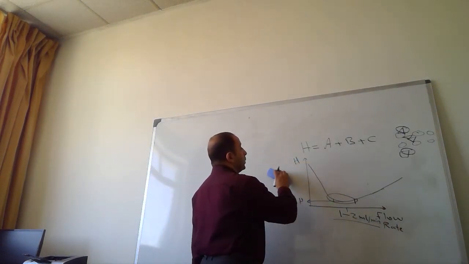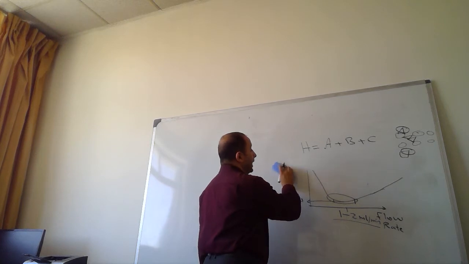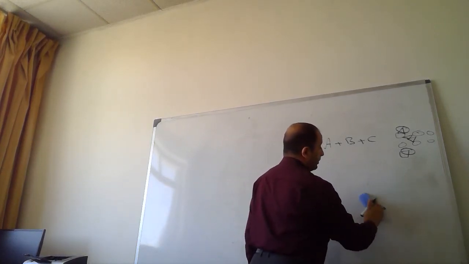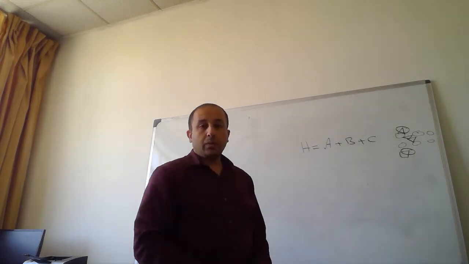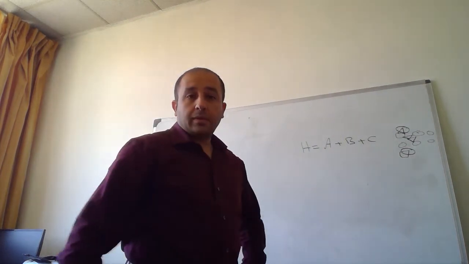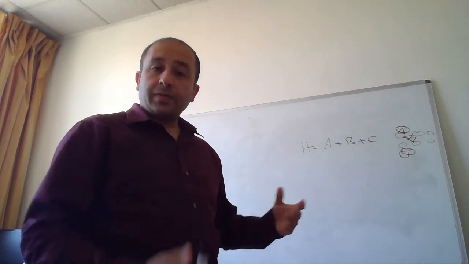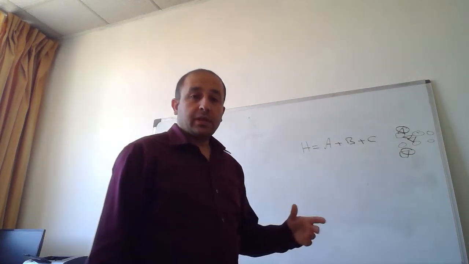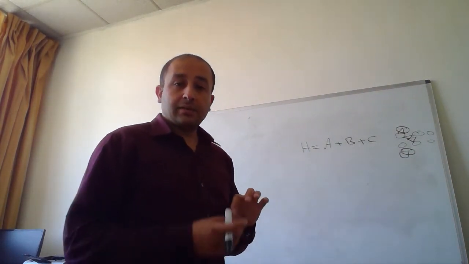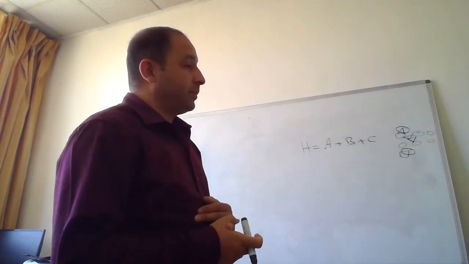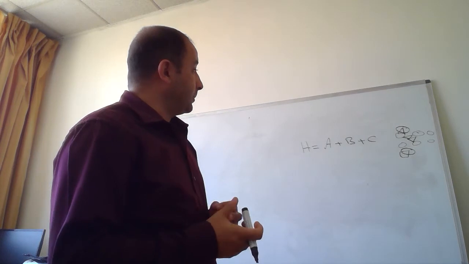Now, how can we reduce peak broadening practically? In industry, I mean the column industry, the stationary phase industry, because usually we just purchase the stationary phase as columns, as we will see later on in videos of HPLC and GC.